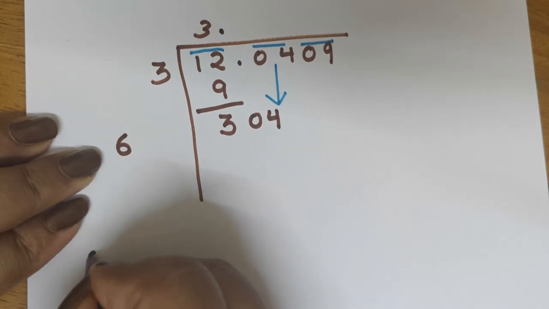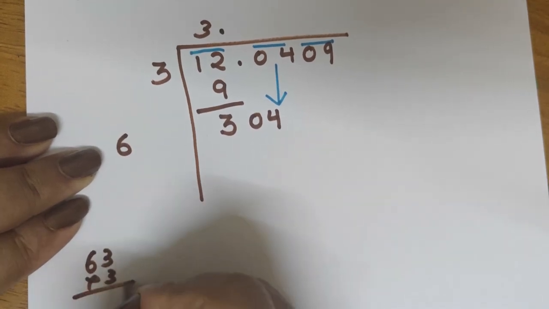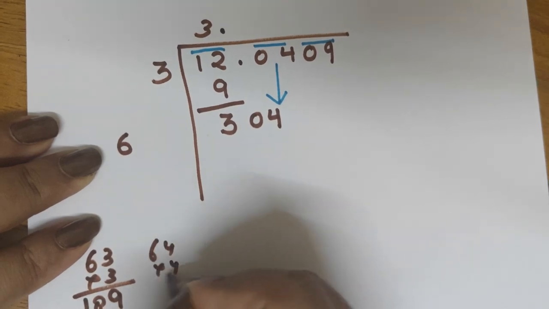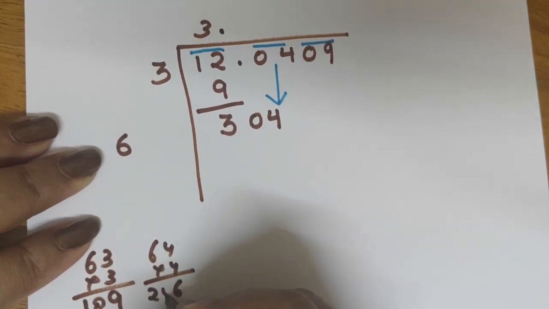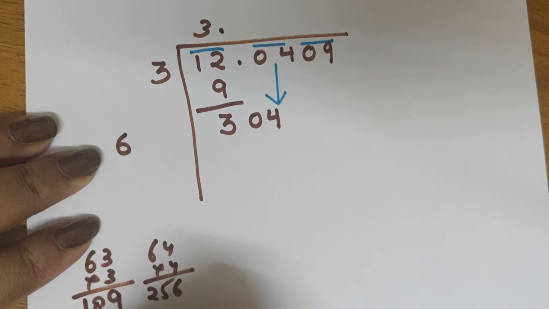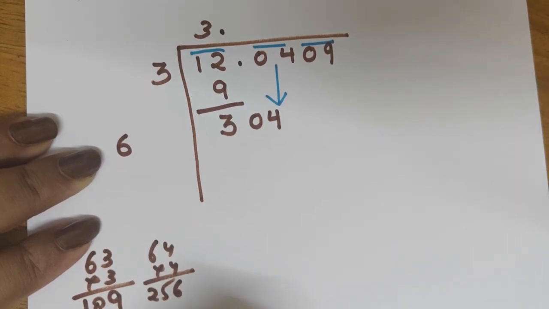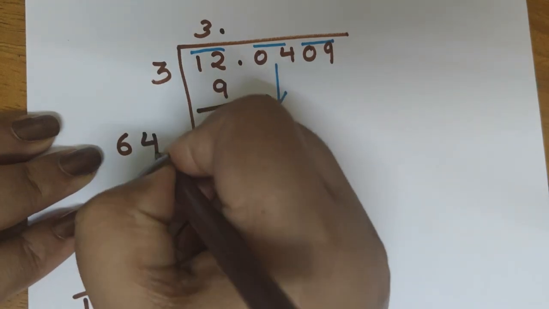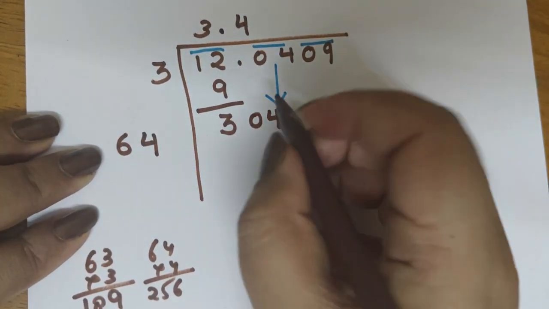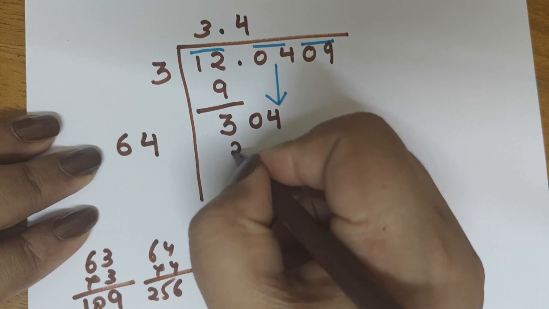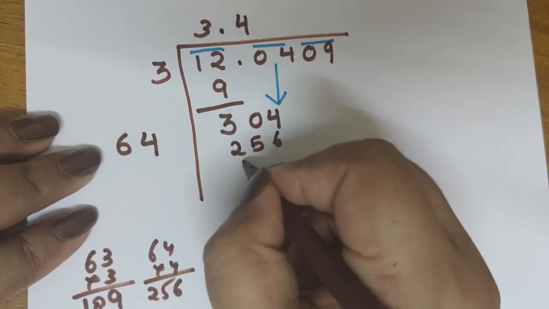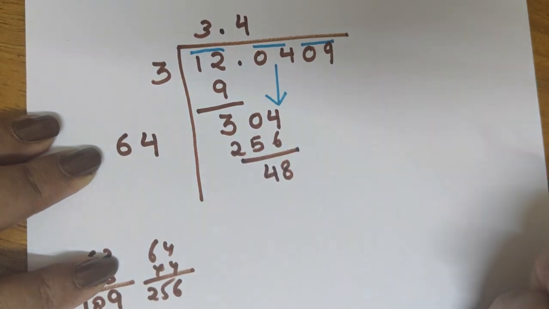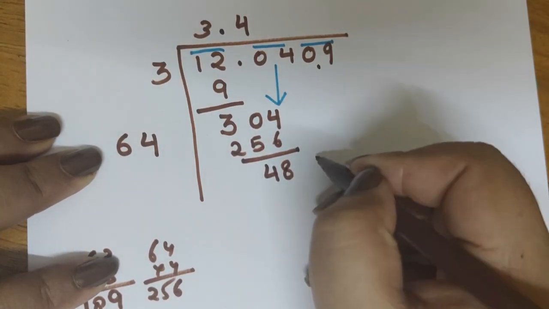So let's start, 63, 64, okay, 65. So 64 it is. 4 here, 4 here, and it will be 256. Remainder will be 48, and we will bring this down.